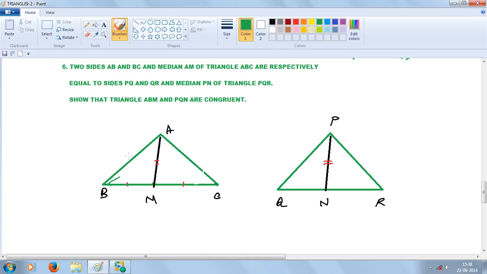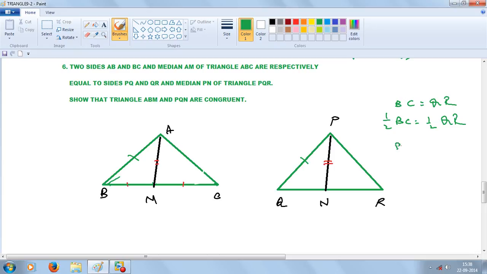So what is given? We'll mark AB is equal to PQ, BC is equal to QR. So half of BC is equal to half of QR.